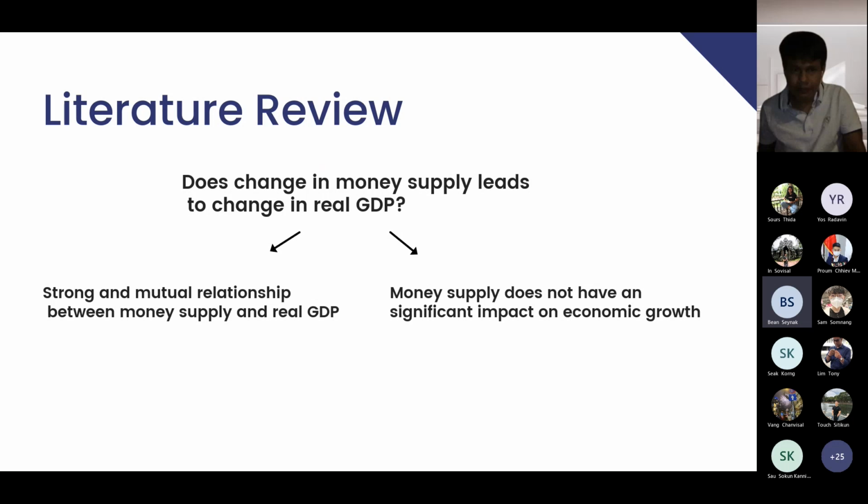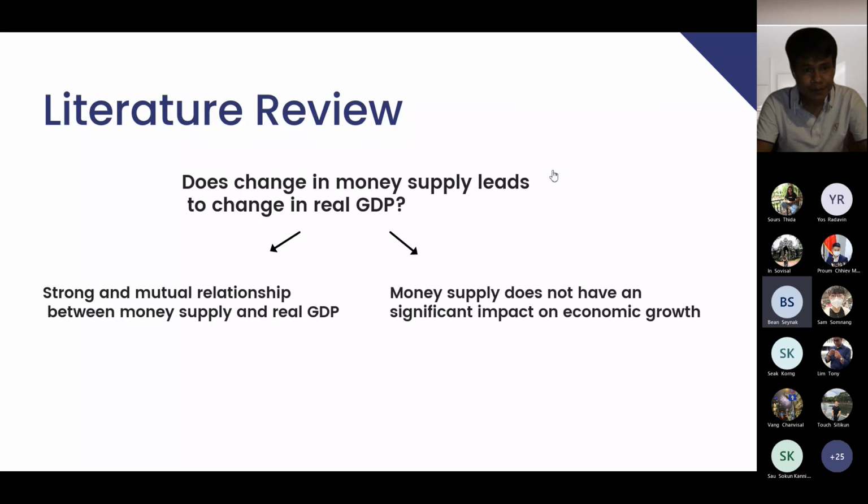One argument is that monetary policy only affects prices and not GDP or employment. There have also been many studies analyzing the relationship between money and economic growth, and several studies conclude that there is indeed a strong and mutual relationship between money supply and real GDP.